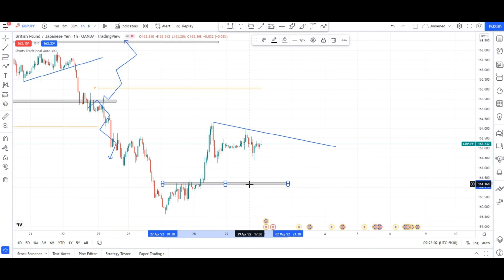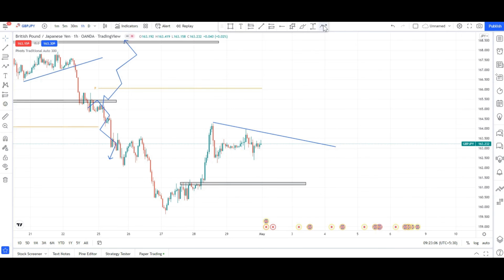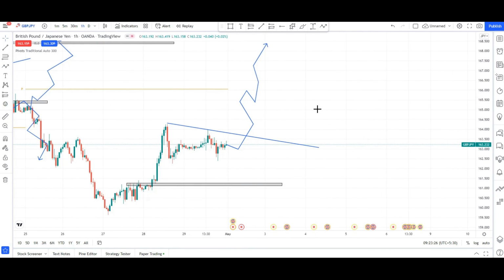What I am seeing is that it may break. If it consolidates and breaks, our first target, second, third, fourth, and even fifth target. These are the five targets in upside momentum.